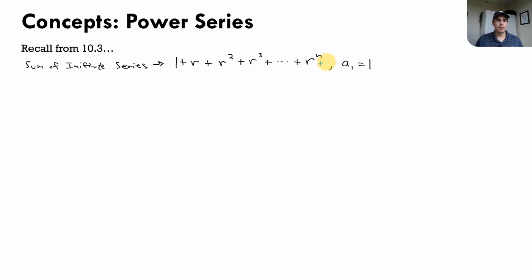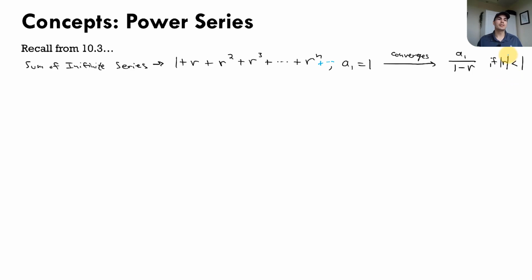Plus even more, r raised to whatever power, r raised to the infinity power, where a sub 1 is equal to 1. Now remember, this converges to the expression a sub 1 divided by 1 minus r if the absolute value of r is less than 1.